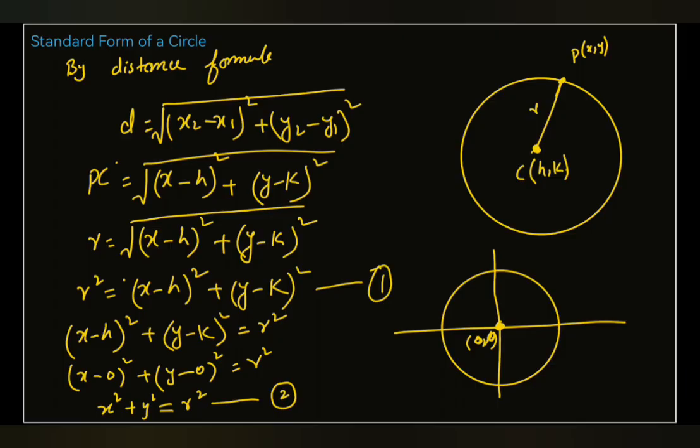Now moving to the next topic, that is the general form of the equation of a circle. How is this general form of the equation of a circle obtained? The general form is obtained by expanding the standard form of the equation of a circle: (x minus h) whole square plus (y minus k) whole square is equal to r square.